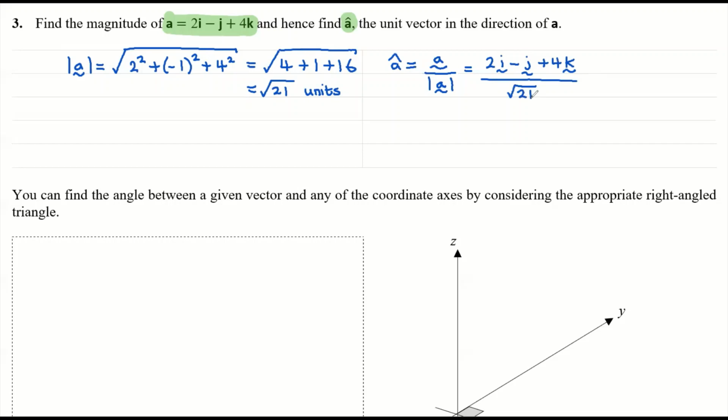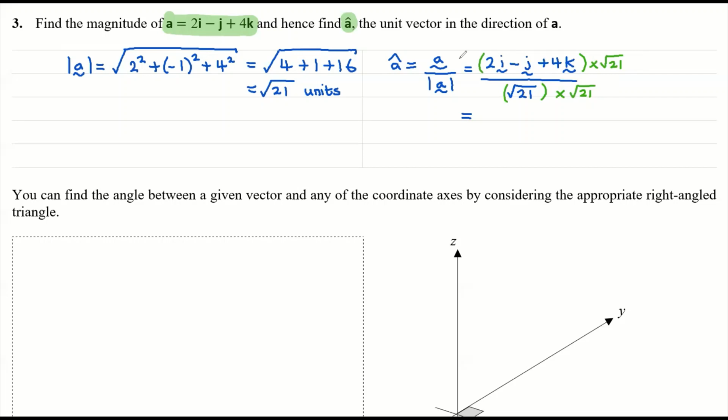And once again, there's nothing wrong with that answer, but just for convention and from what we've learned on surds, we're bringing that surds knowledge back in. We can rationalize all this. So I'm going to multiply the numerator and the denominator by root 21 just to rationalize this. Okay. And we can do it component by component as well.